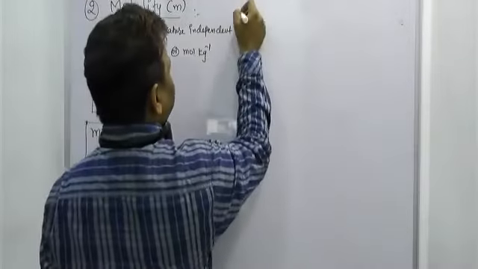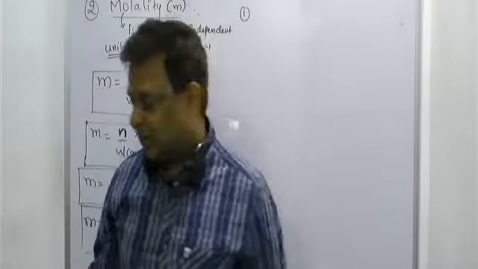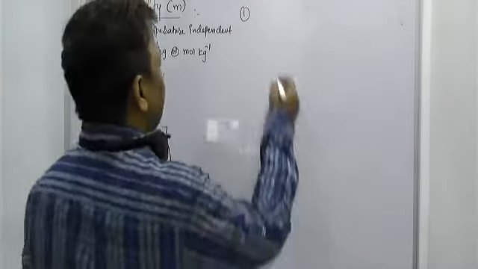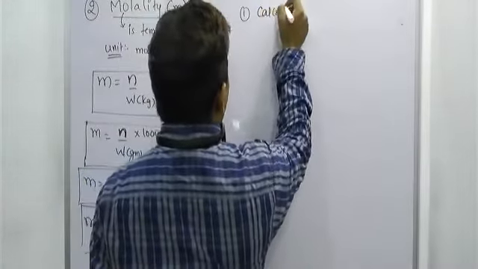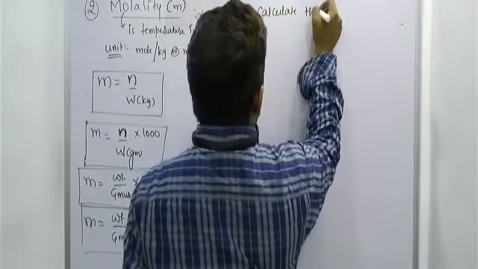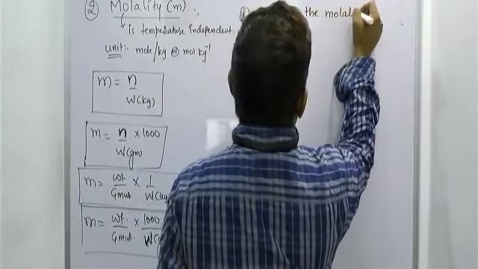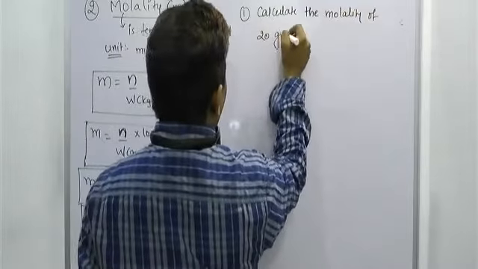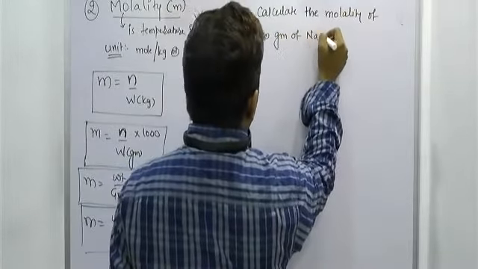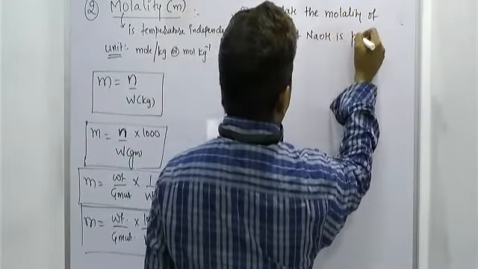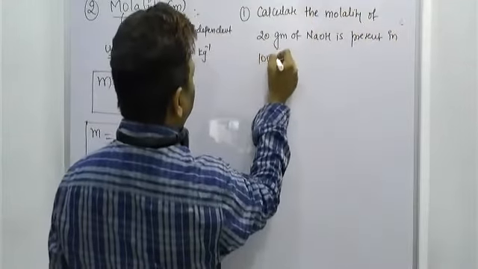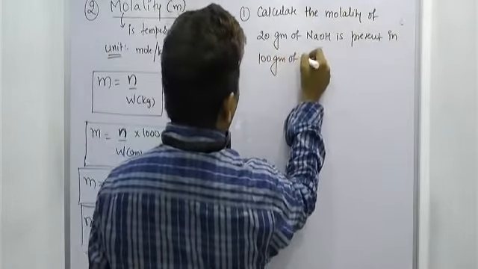Now a question is given. See here, I will give one question for this molality. Calculate the molality of 20 gram of NaOH present in 100 gram of water.